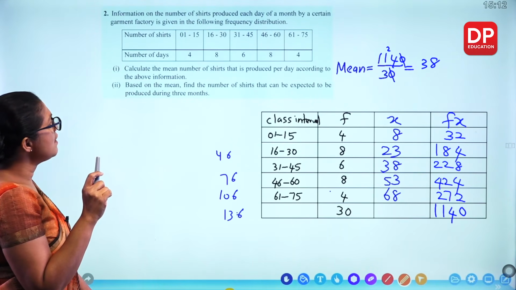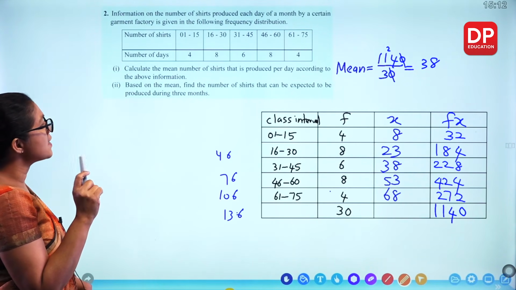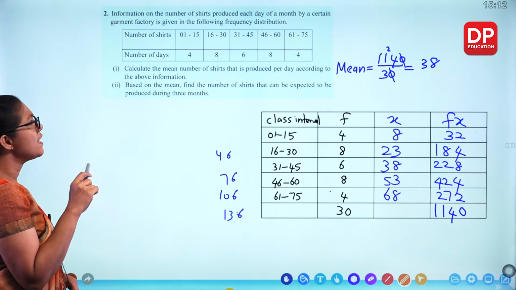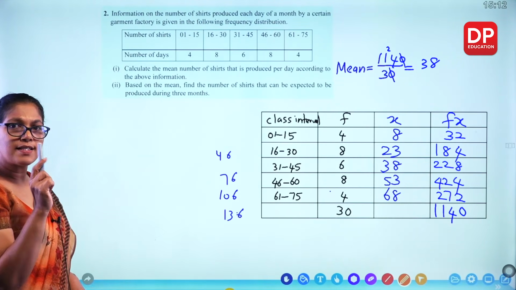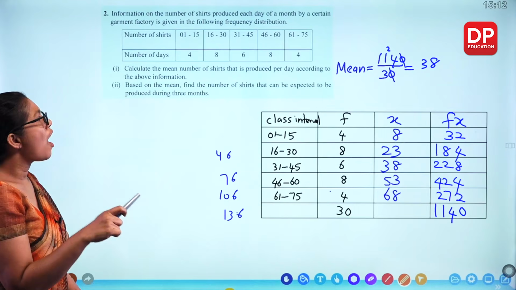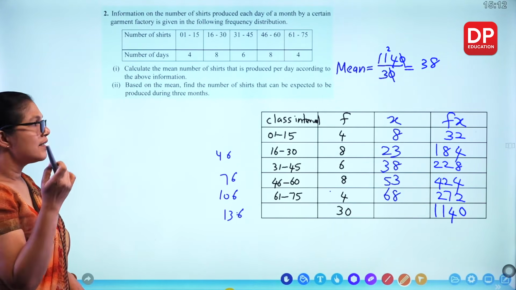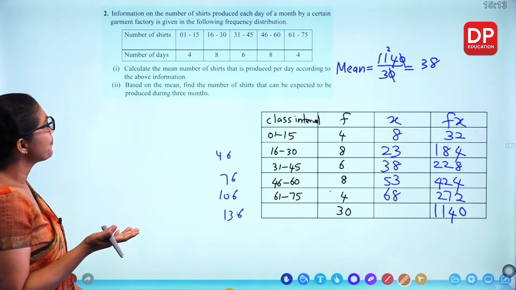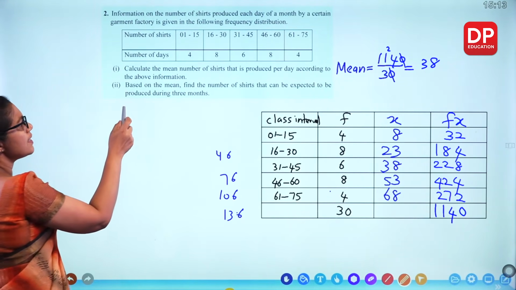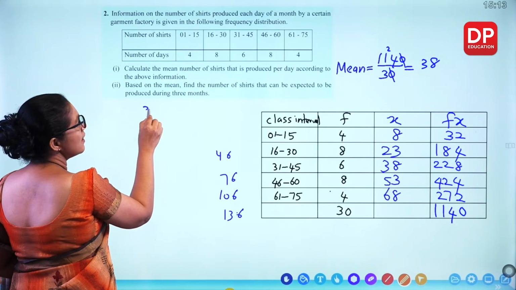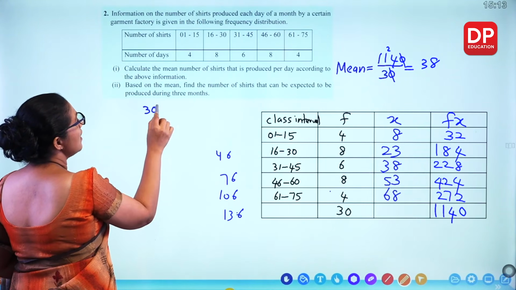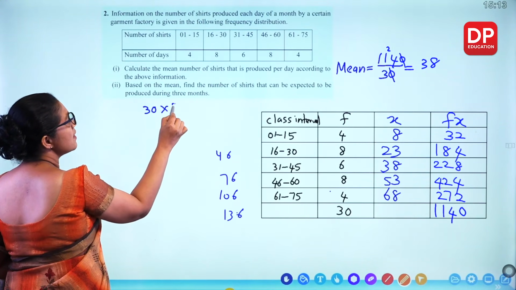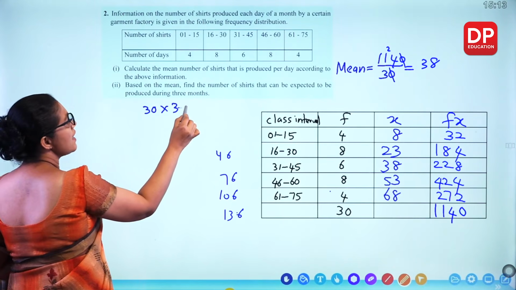Based on the mean, find the number of shirts that can be expected to be produced during 3 months. This is per day. So how many days for a month? Roughly, if we'll say 30 days, 30 days into 3 months. 3 months, roughly 90 days.